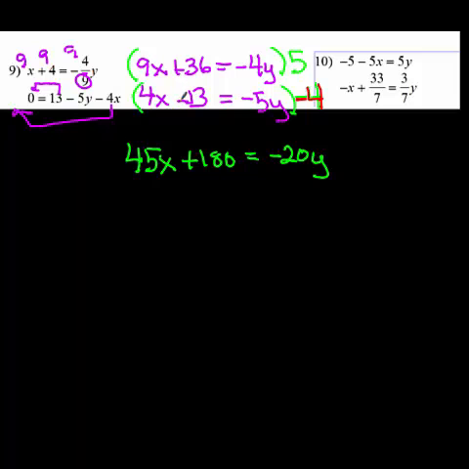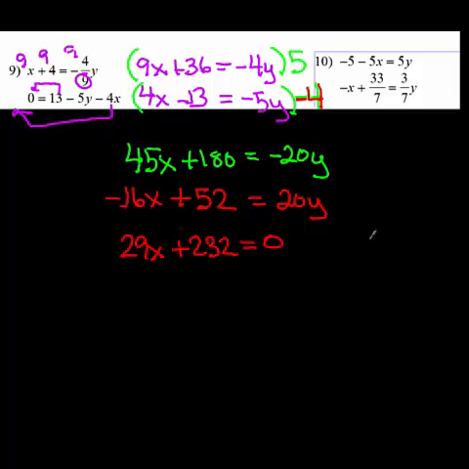And same kind of process on the bottom, multiplying it all out. -16x and -4 times -13 would make +52, and that would equal +20y. And so now I can cancel out and add together. Okay, well, I see here I got 29x plus 232, and this would be a 0, right?